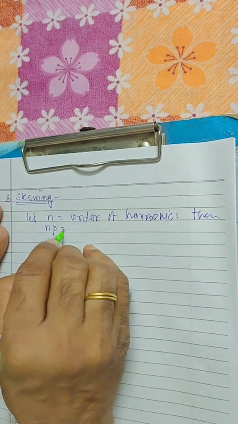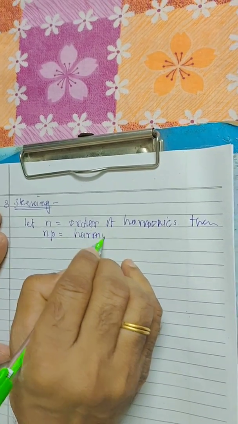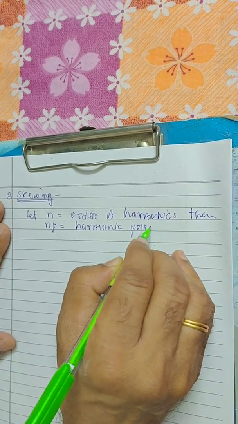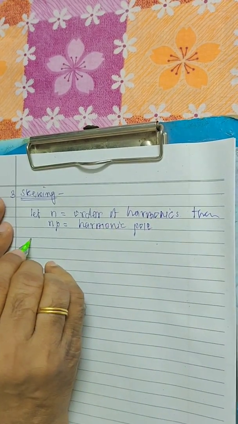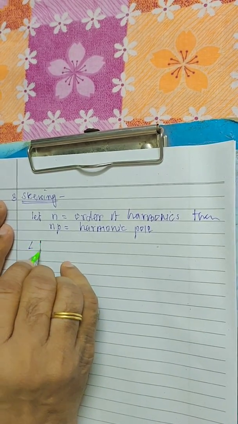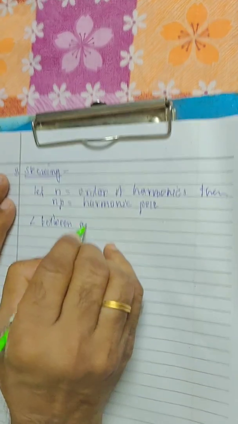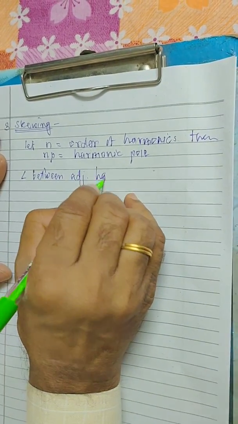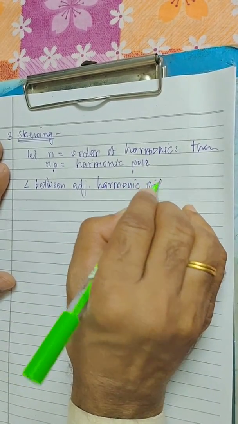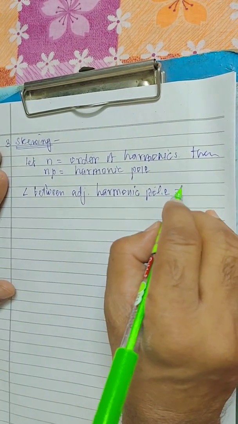np will be the number of harmonic poles. This is the angle between adjacent harmonic poles, so we can say harmonic pole pitch.